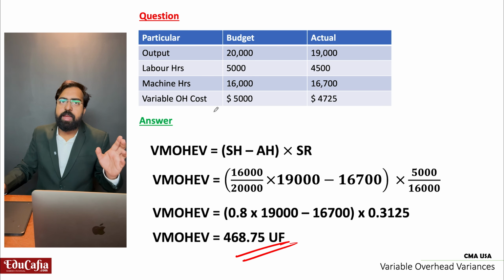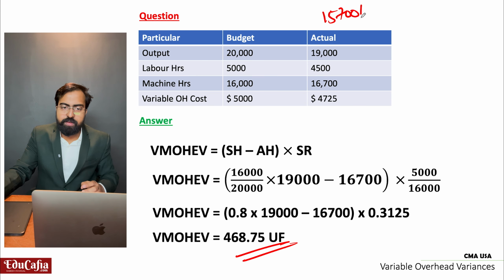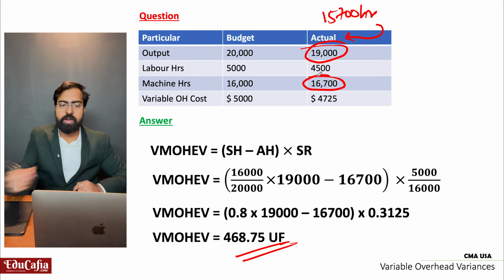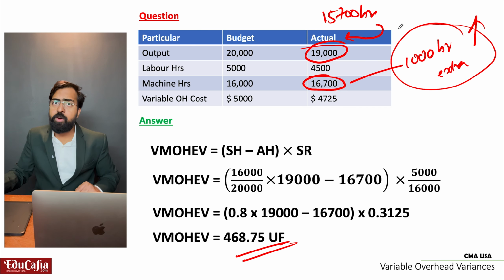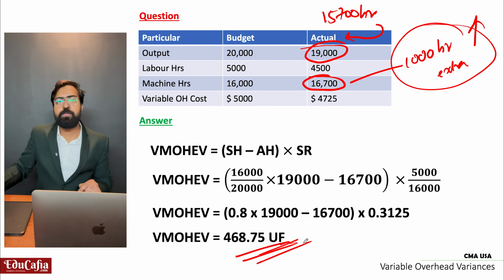When comparing to the total hours of the machinery, here you can see 15,700 hours is the standard hour for actually 19,000 output. But we have used more, that's 16,700, right? Around 1,000 hours we have used extra. So it will be a cost for the company, right? That's why it is unfavorable.